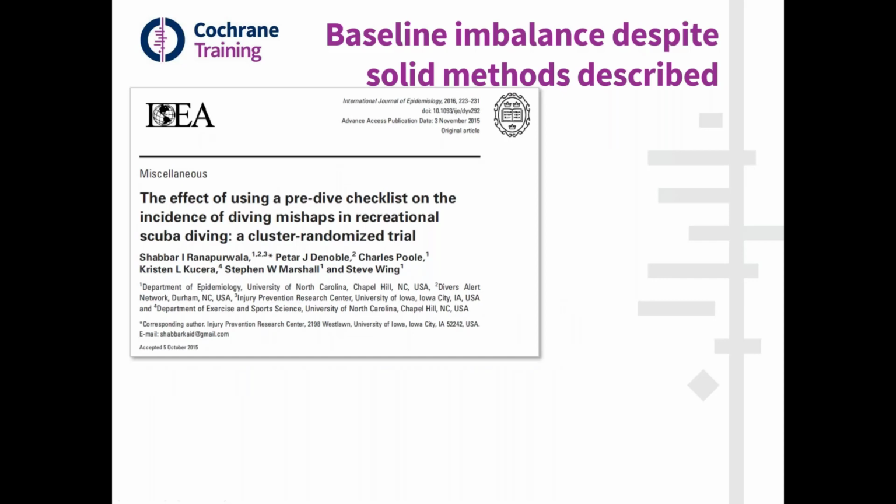But there are other examples where it seems that adequate methods for randomization were used and trials still end up with large differences in group sizes. This is an example found by Julian, of a trial of a pre-dive checklist, for scuba diving.